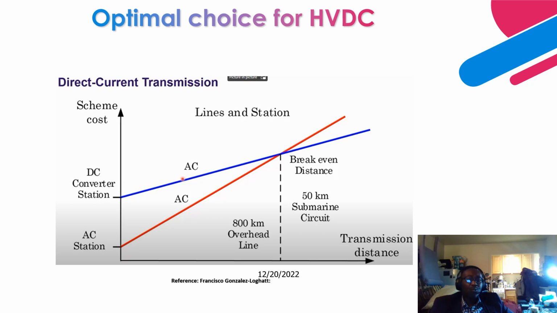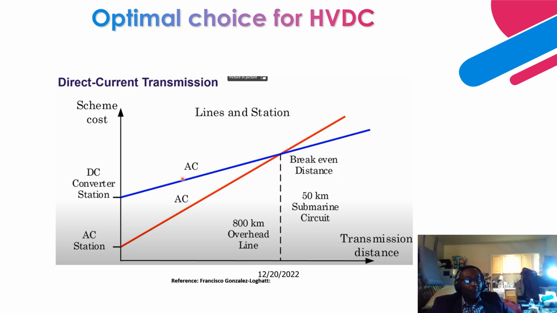On this chart, we'll see the break-even distance when we decide on implementing HVDC technology as compared to HVAC technology, when we are utilizing an overhead line transmission system, and when we are utilizing an underground cable or a submarine cable. As you can see, on the vertical axis we have costs.